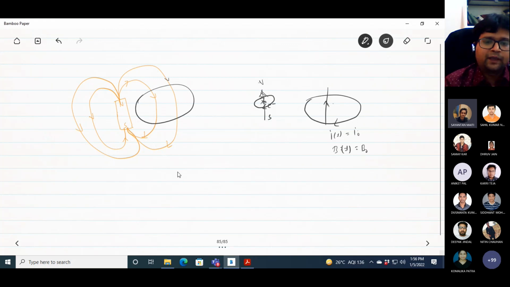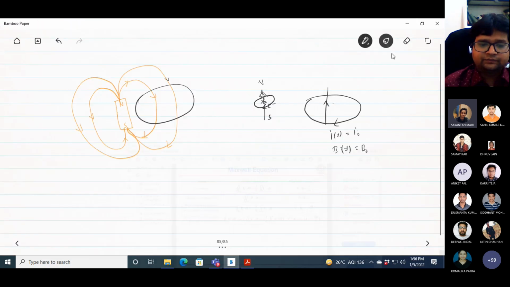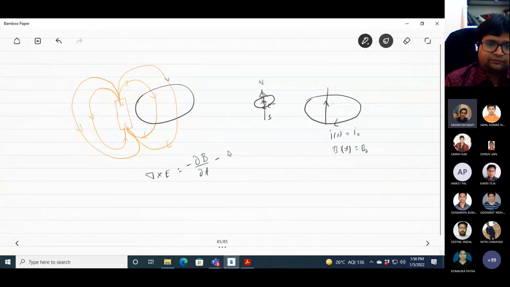Sometimes we write del cross E equals minus del B del t minus M, where M is the magnetic current.